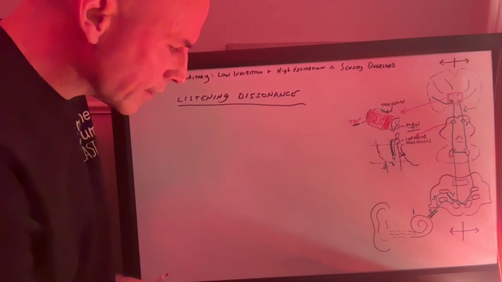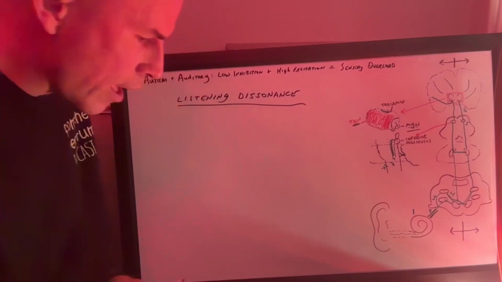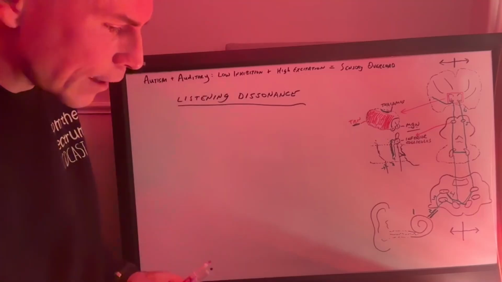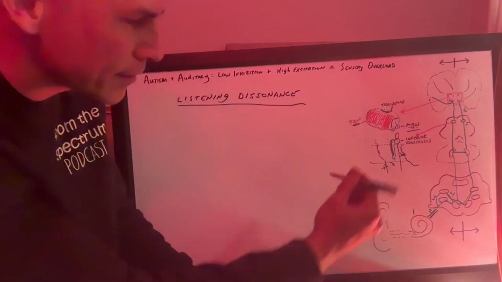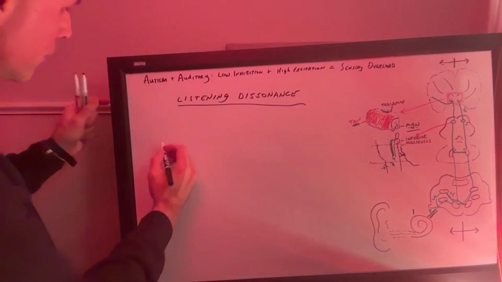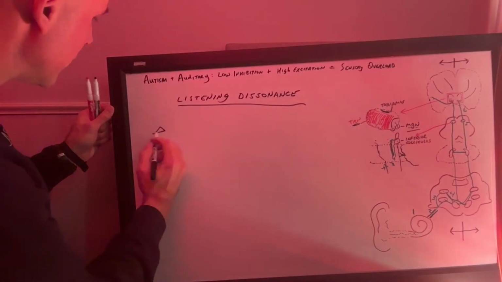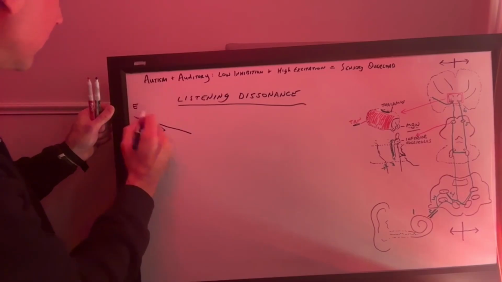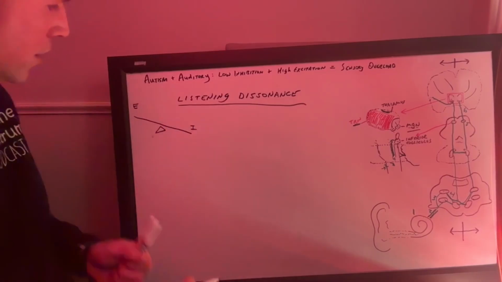There are two kind of analogies that I think might help with this because of the excitation inhibition. So remember, if we draw out the seesaw analogy, excitation here, inhibition here.